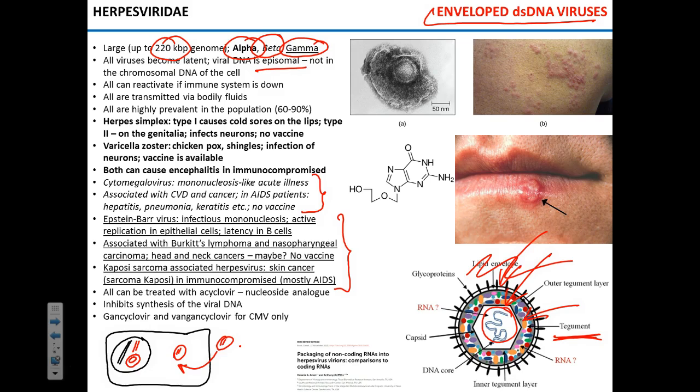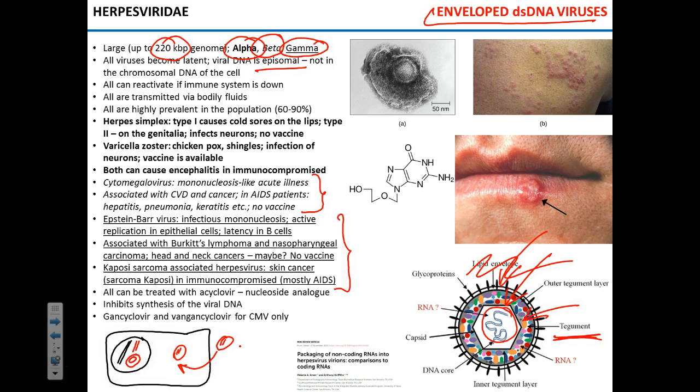Does that make sense? What does the word epi mean? Above. So episomal means above the chromosome. It is not a part of the cellular chromosome, but it shares the space. Does that make sense?